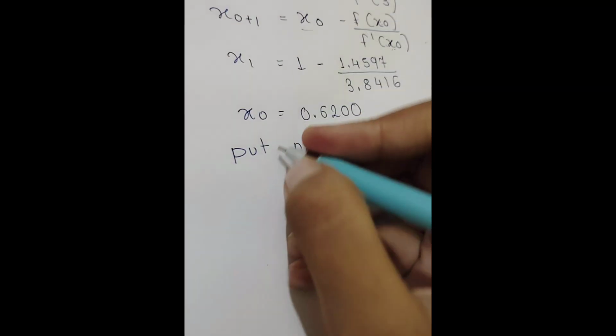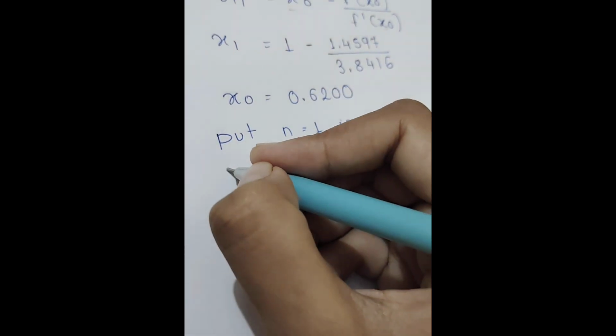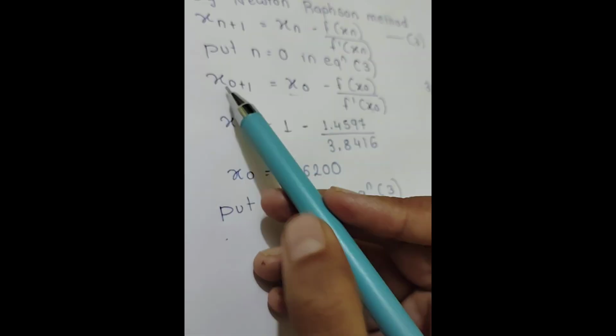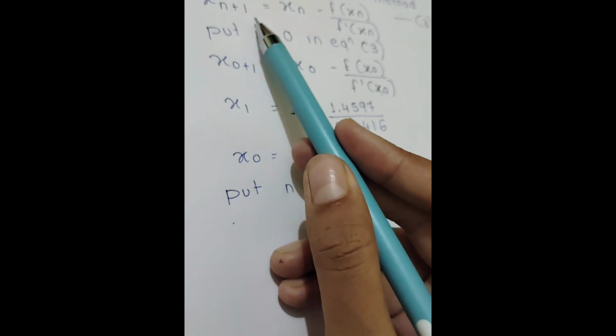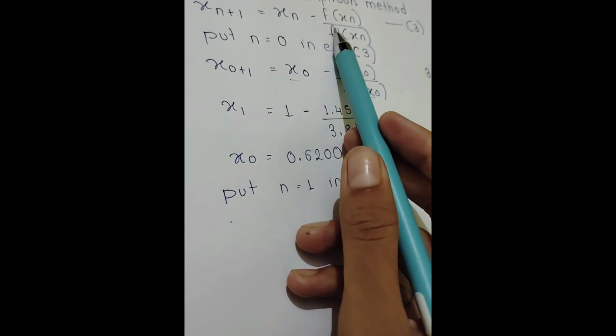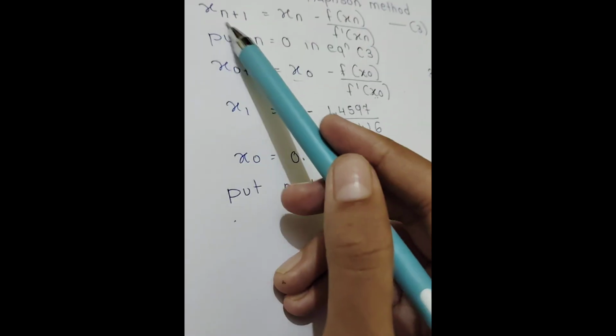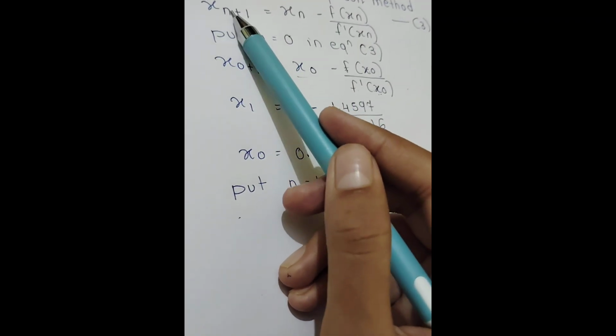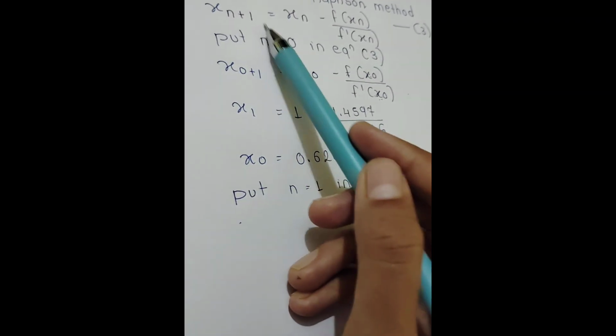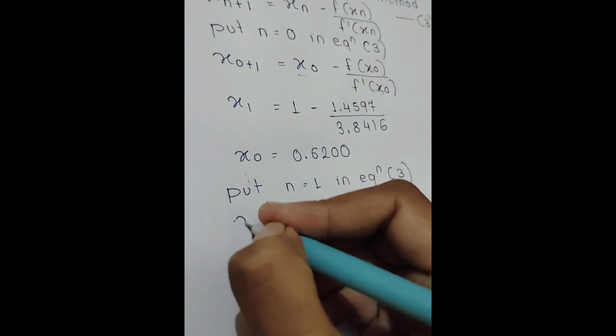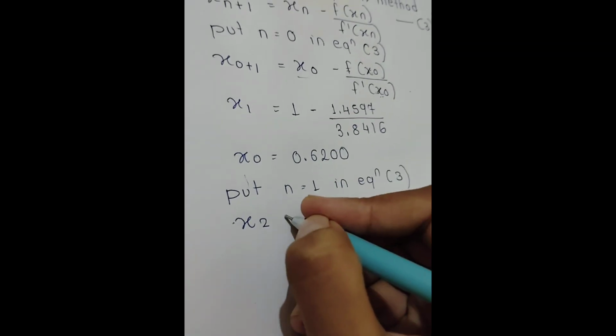So what we can do now is put the formula x_{n+1} = x_n - f(x_n) / f'(x_n). Here we put the value 1, so x_{1+1} will be x2.